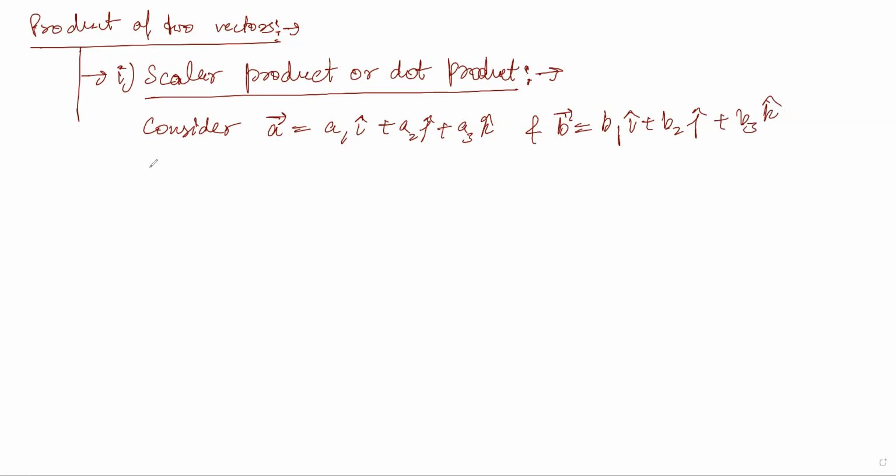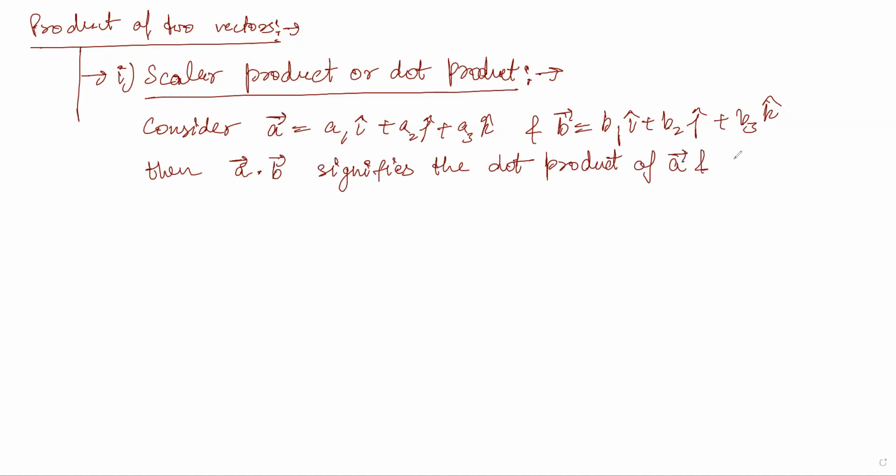Then A dot B signifies the dot product of A and B, right?